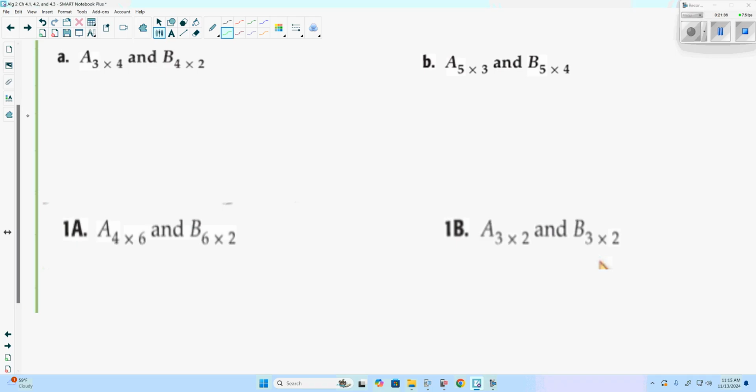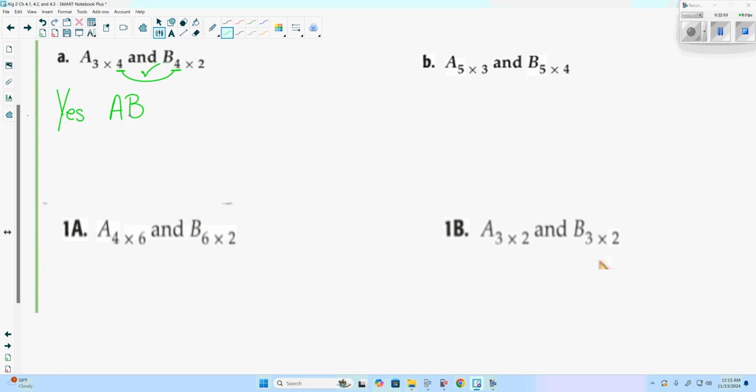So if we look at this first example here, A times B, the columns of the first is 4. The rows of the second one is 4. So can we multiply these together? Are these two the same? Yes, so we can multiply them together.